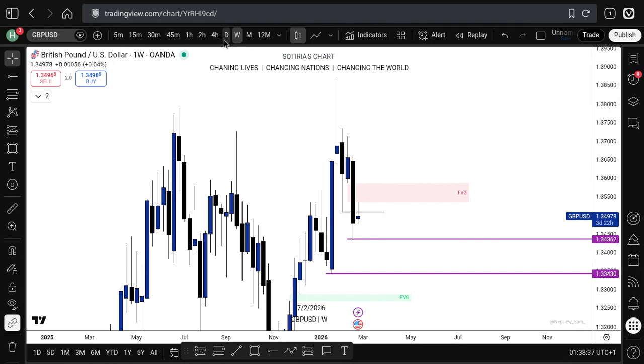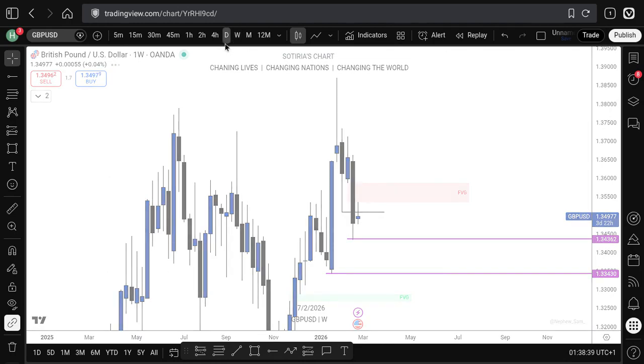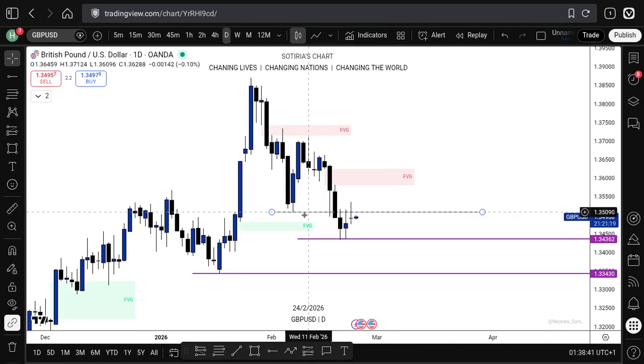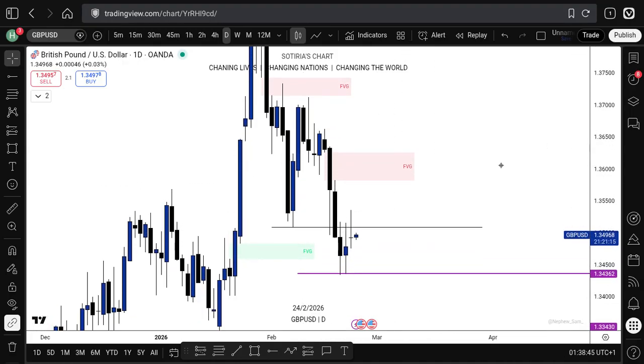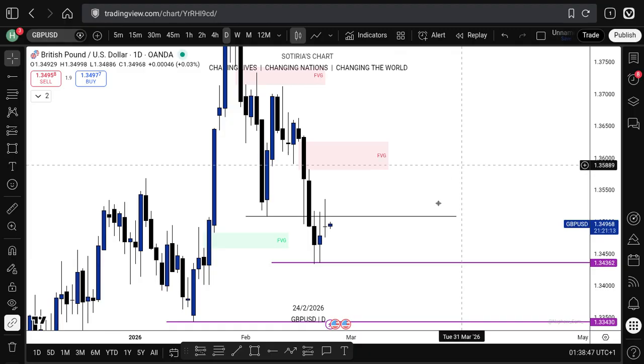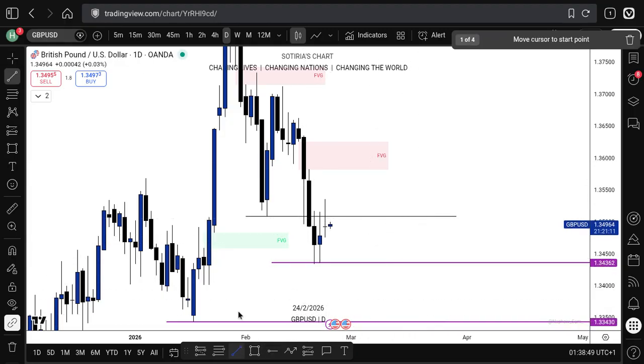Now I take from the daily time frame. So from that weekly breaker block, I can't take it directly. So I have this level right here to sell GBPUSD.